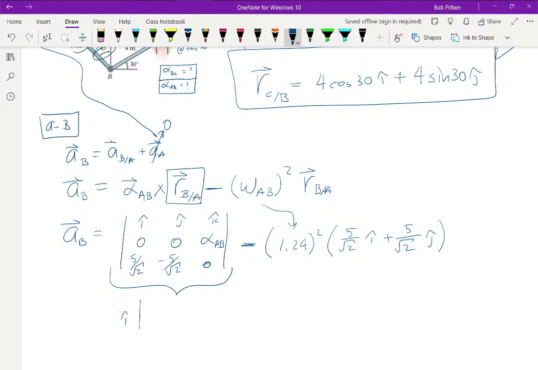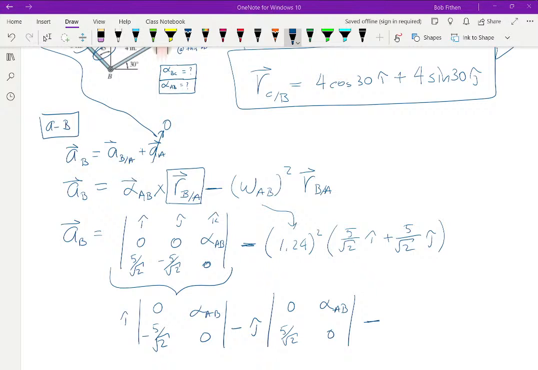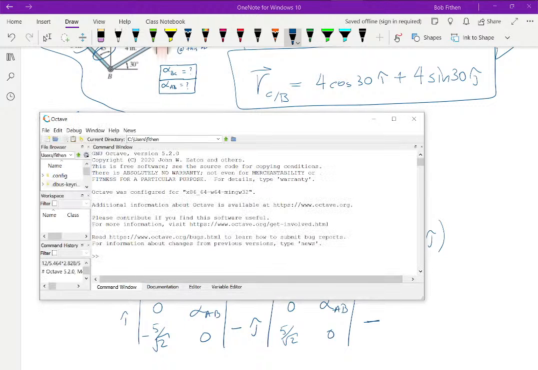So my i component will come from the cofactor expansion of that. Root 2. And then let me give that a minute to come up. All right.